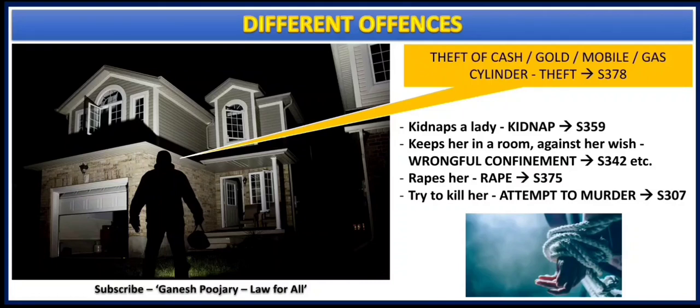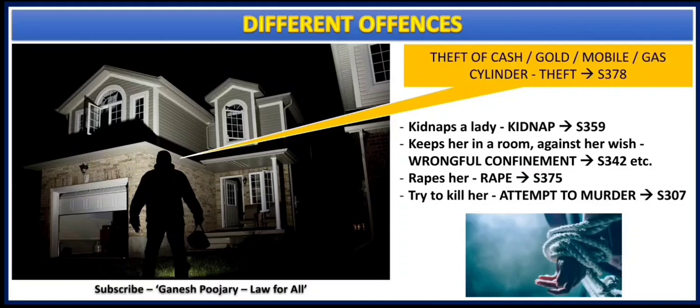Then he has committed rape, which is as defined under section 375 as an offense, and finally he has committed section 307, which is attempt to murder. Now all of that are different offenses. Okay, now here he has committed theft as under 378, kidnap as under 359, wrongful confinement as 342, rape as under 375, and attempt to murder as under section 307.